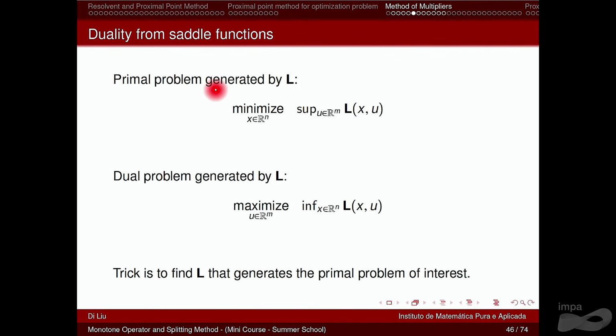So this is what we call the primal problem. Then we define the dual problem, which is generated by first taking the infimum over x of L, then taking the maximum over u of this infimum. Okay, so as long as you have a saddle function, you can define these two problems as a duality.